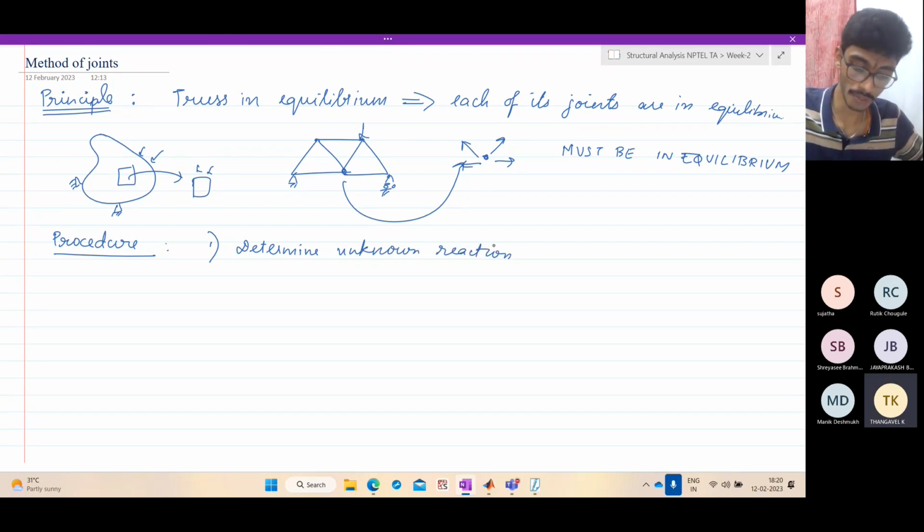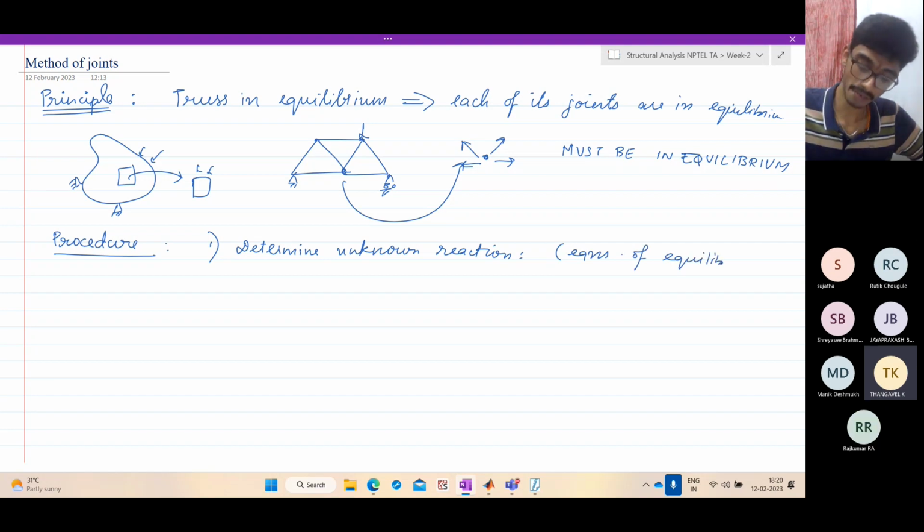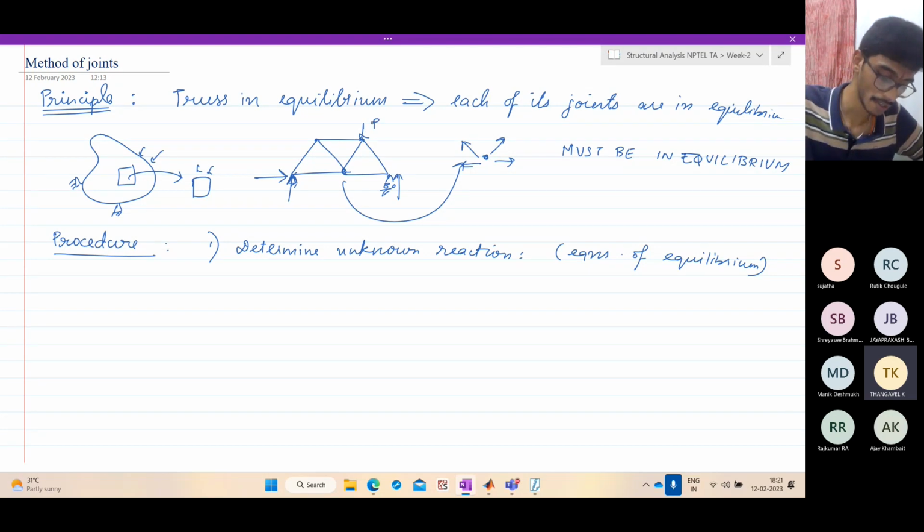You know very well how to do it. I've already told you. Enforce the 3 equations of equilibrium, and you will get this. So in this case, you have 3 unknowns: the vertical force here, the horizontal force here, and the vertical force here. You have a known force, so I can get the 3 unknowns in this case.